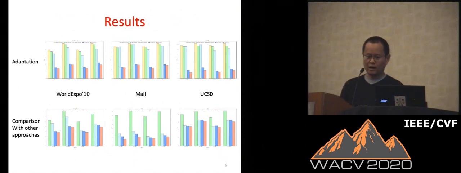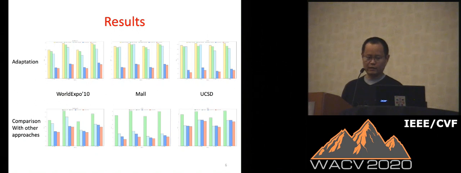We compared our approach with several alternatives, such as just taking an off-the-shelf crowd counting model, or doing very simple fine-tuning on the target scene. We show that using the meta-learning approach, we can outperform all the alternatives.